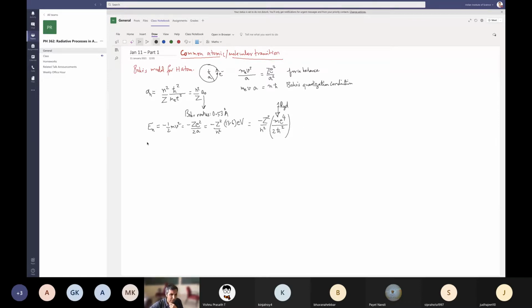What about the velocity? The velocity in the nth orbit is equal to Z e squared by n h cross.